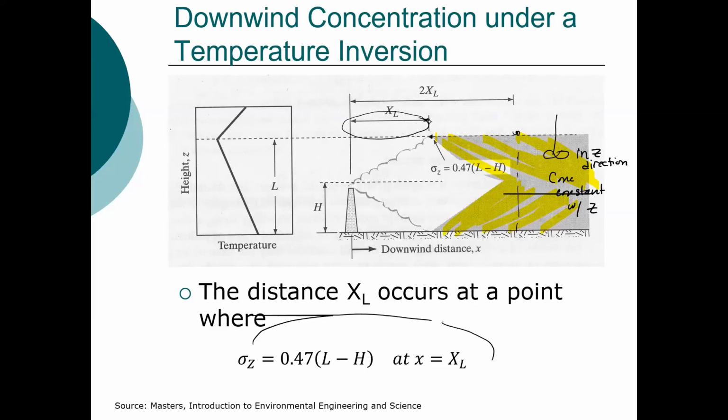If you are in this region here, then you will interpolate between the value at this point and the value at 2 times x sub L. There is no good modeling equation to describe the pollutant concentration in this region right here, so we simply interpolate.